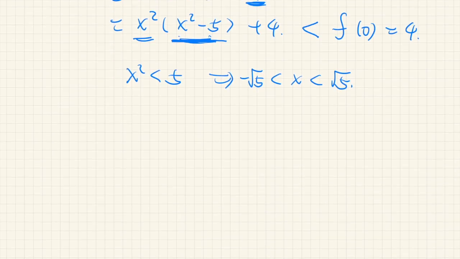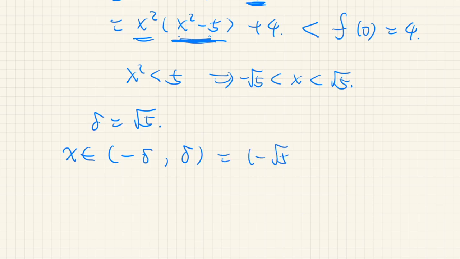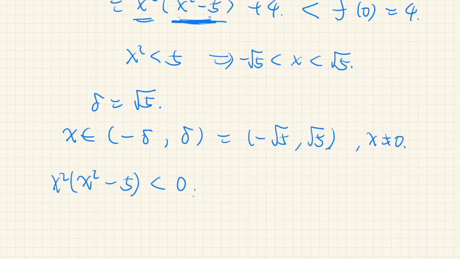Now let delta be square root of 5. Then if x is in this open interval between 0 minus delta and 0 plus delta, which is between plus and minus square root of 5, and if x is not equal to 0, then x squared minus 5 is less than 0, and x squared times this is also negative.